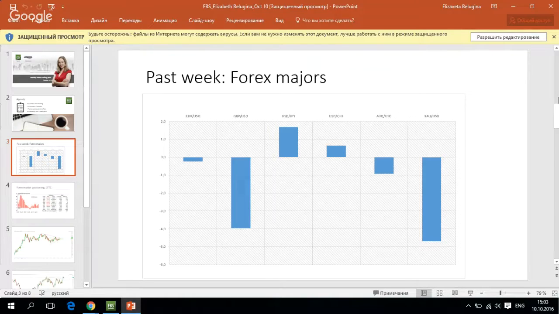We saw a decline of more than 4%, almost 5%, and a very interesting dynamics. We will talk about gold and pound in greater detail. All in all, we can see that the US dollar managed to strengthen versus its counterparts, and actually the American currency strengthened in all the major currency pairs. So we will find out why it happened.